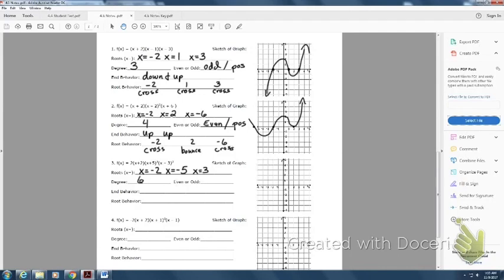That's an even number, my A value is going to be positive. So if it's an even degree and a positive A value, what's the end behavior? Up, up.